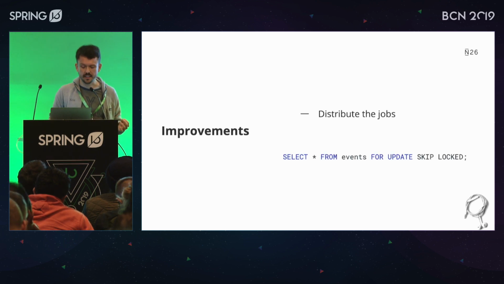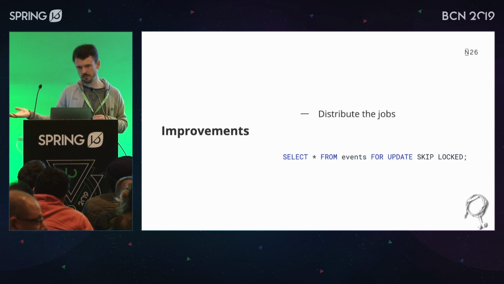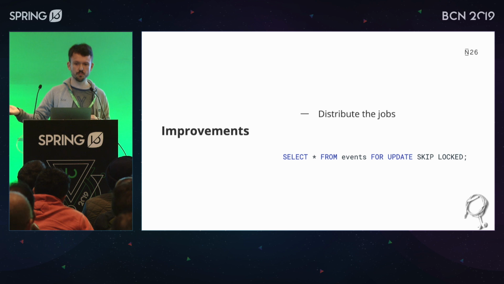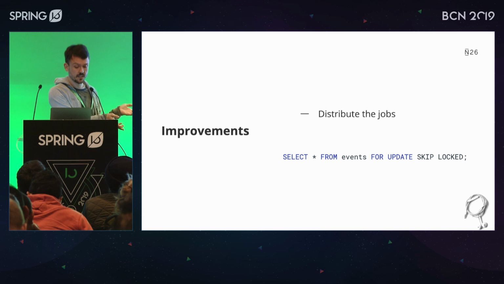The first idea that came to my colleagues' minds was that we already have PostgreSQL. It's the source of truth of the events to process. So maybe we can use it as the source of truth for whether a node should process an item or not.